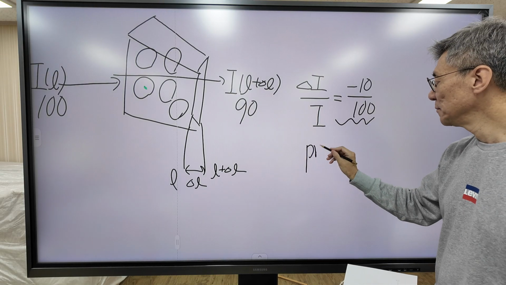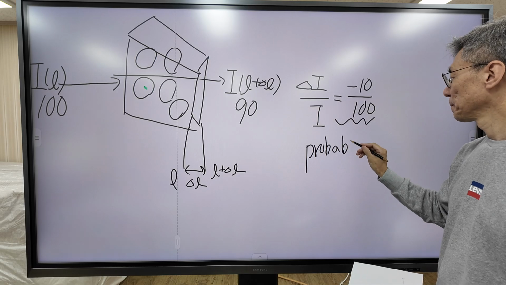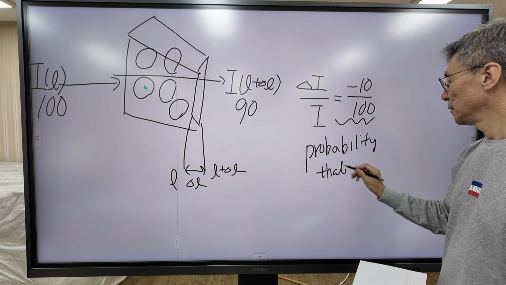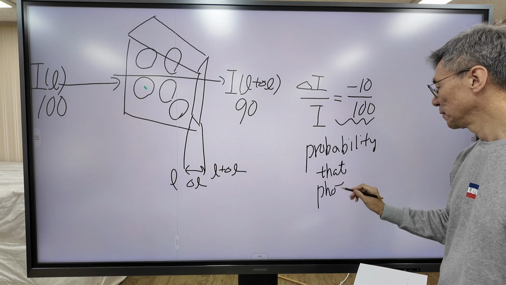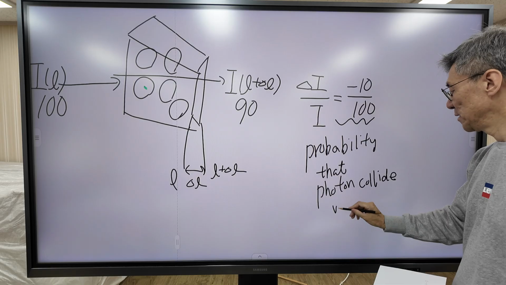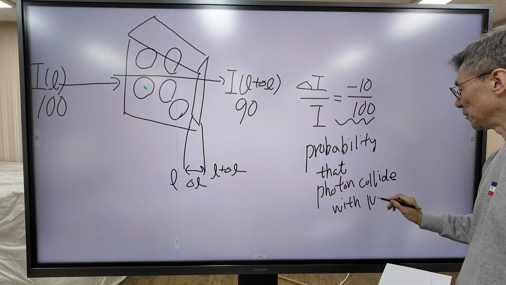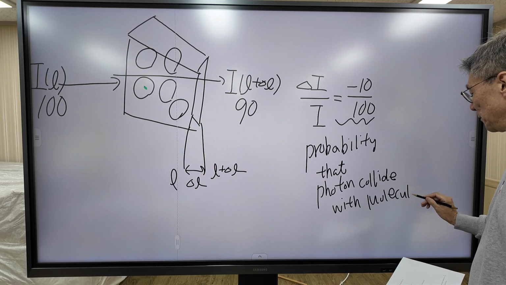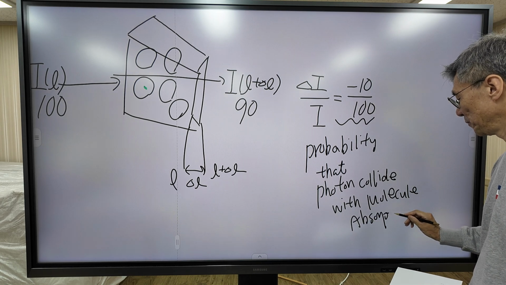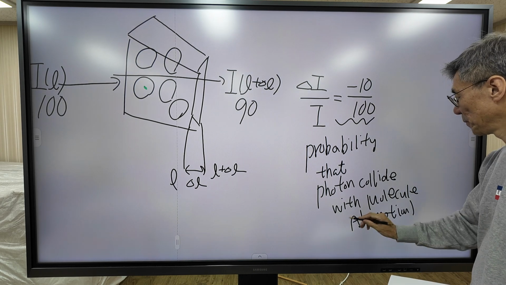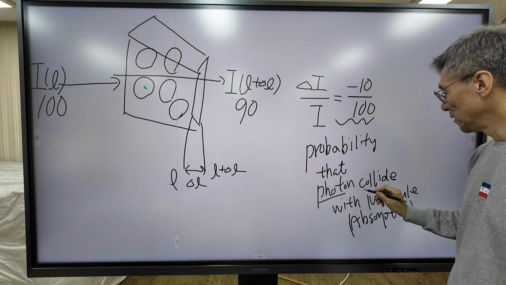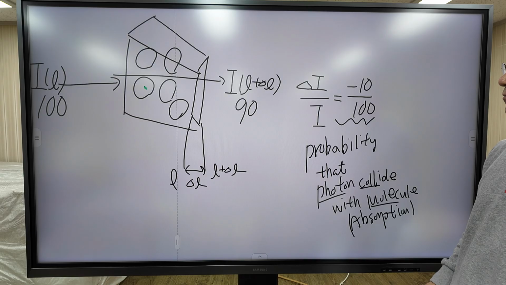This is the probability that a photon collides with a molecule, or absorption. This is the absorption probability, or the probability that a photon collides with the molecule.